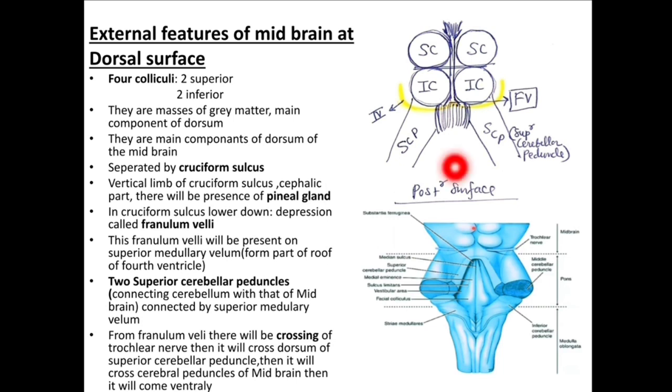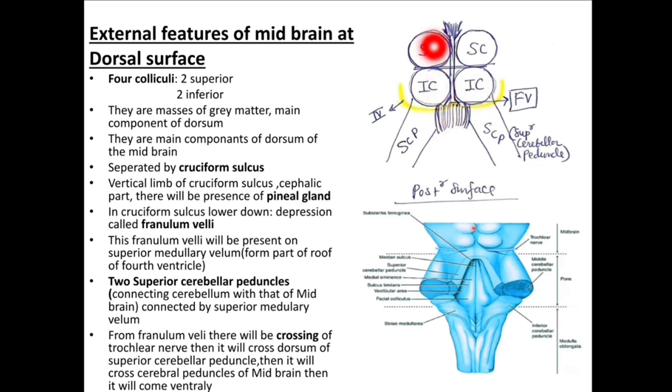Now, external features of the midbrain at the dorsal surface. There are 4 colliculi, 2 superior and 2 inferior. What are colliculi? They are masses of grey matter, the main component of the dorsum of the midbrain.